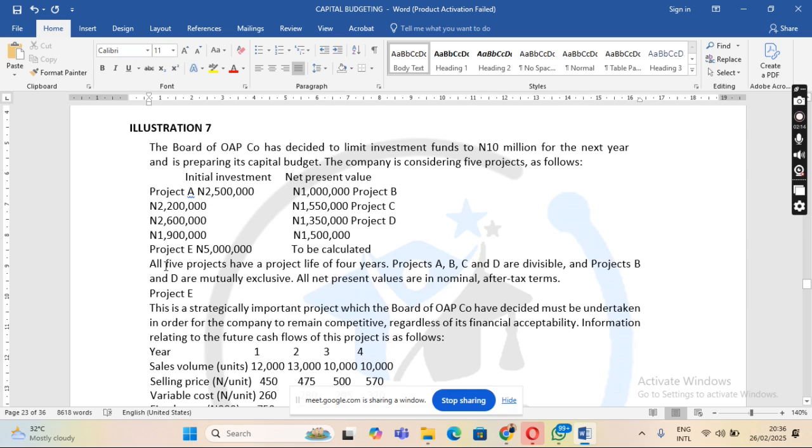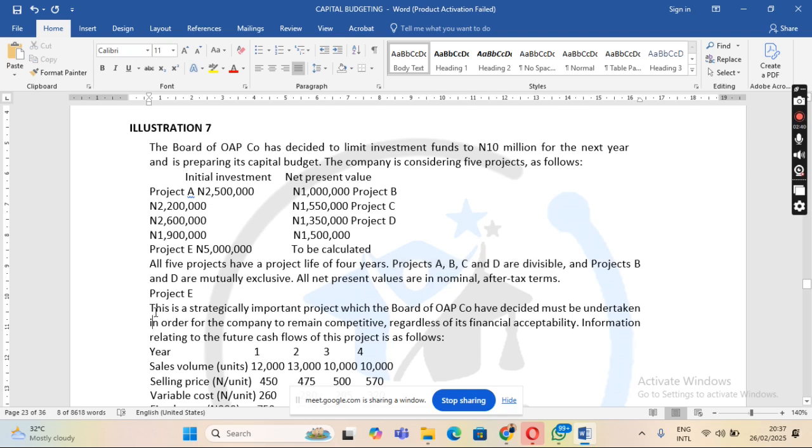All 5 projects have a project life of 4 years. Project A, project B, project C, and D are divisible projects. Project B and D are mutually exclusive. All net present values are in nominal after-tax terms.